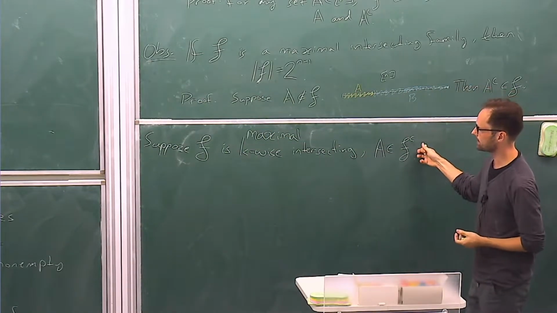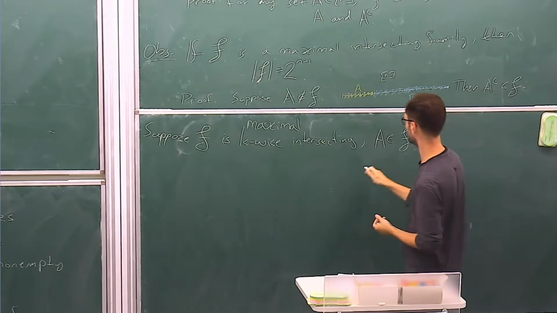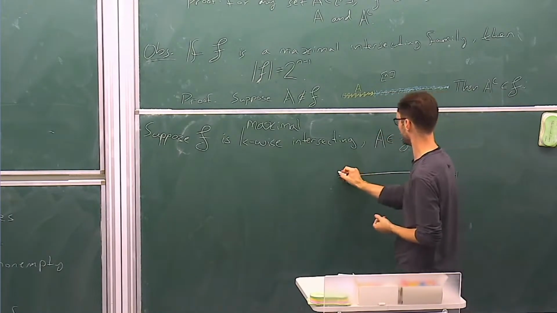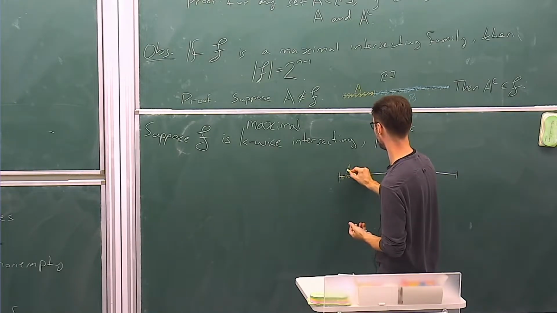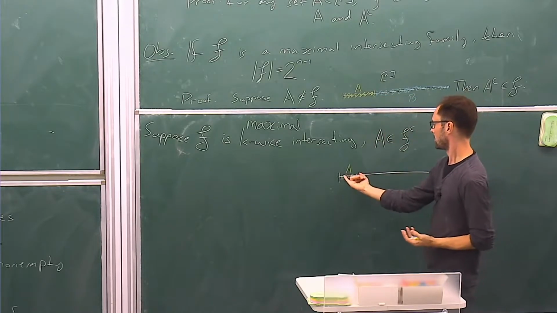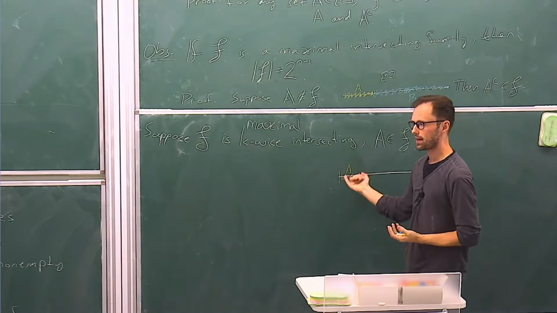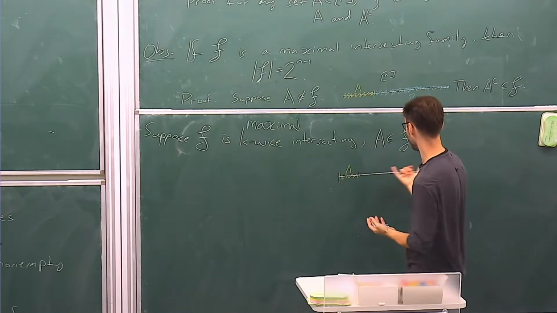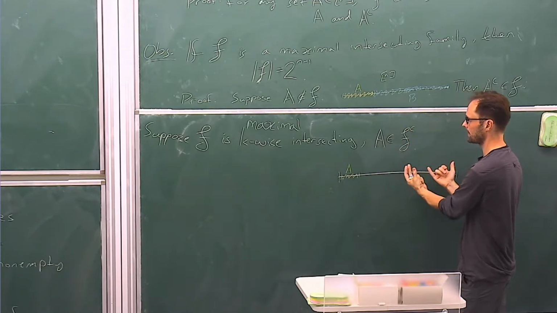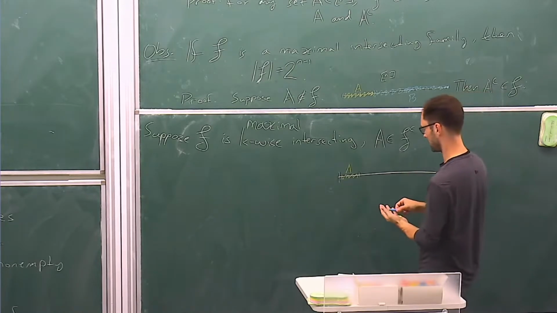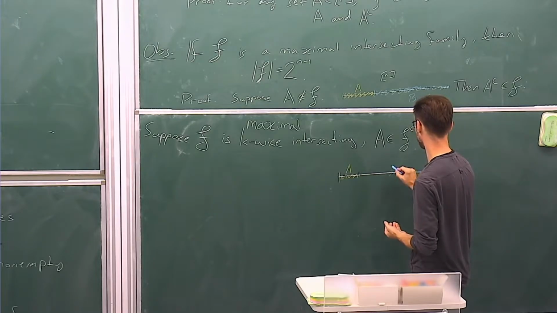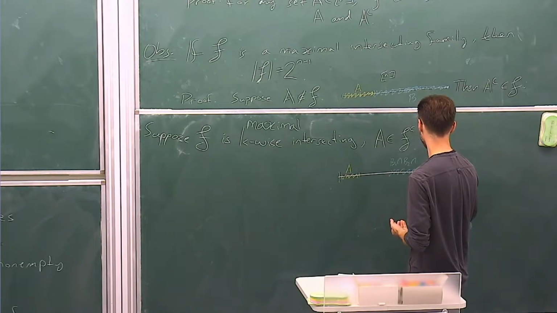Well, since A is not in F, the fact that we can't add A to F means that in the complement of A, there have to be some k minus 1 sets that intersect. So here we've got B1 intersecting B2 intersecting up to B(k minus 1).